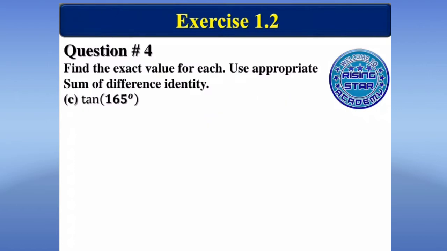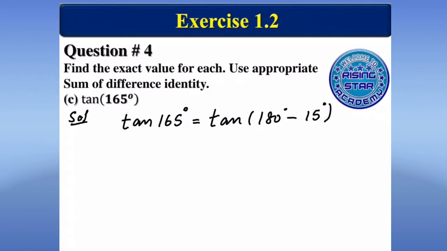Here we have tan of 165. So we will write tan of 165 degree as tan of 180 degree minus 15 degree. Because it is an obtuse angle, we will break it according to acute angle.